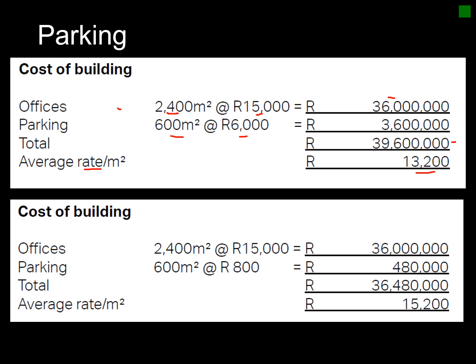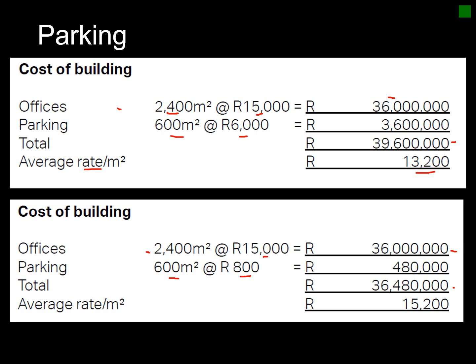Now if we look at case B, we've got the same amount of office space at the same rate. So it's still 36 million that it works out on. And then you've got your parking, which is now external, so it only works out at 800 Rand per square meter, and you get to let's say 38.5 million.